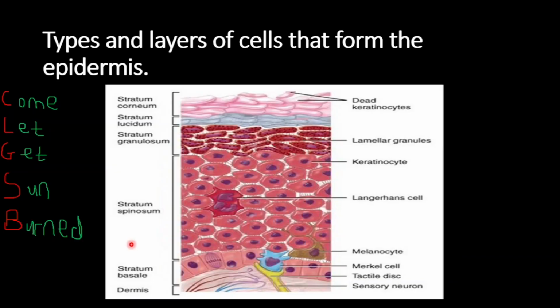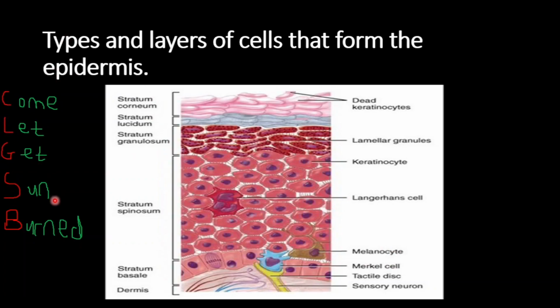Next thing we are going to go through is this diagram. A way to understand it is the layers: the corneum, the lucidum, the granulosum, the spinosum, and the basale. These are the layers of the epidermis. This is the epidermis, and these are the cells that we can find in the epidermis. So a way to remember these layers is CLGSB.